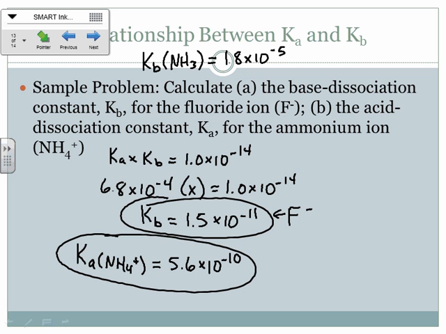Okay? Does that make sense? You guys understand that? It's just plugging into that formula, basically. Ka times Kb equals Kw. The hard part on this, I think, is figuring out what is the conjugate acid or the conjugate base of the one that they're asking us for.